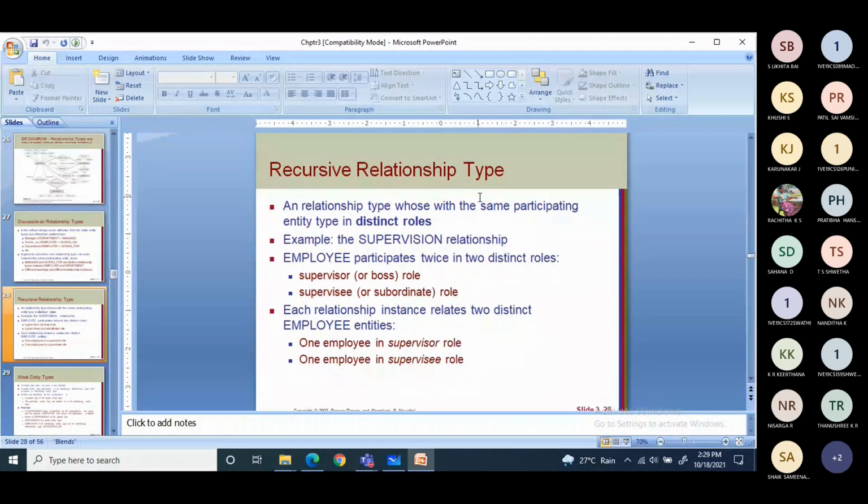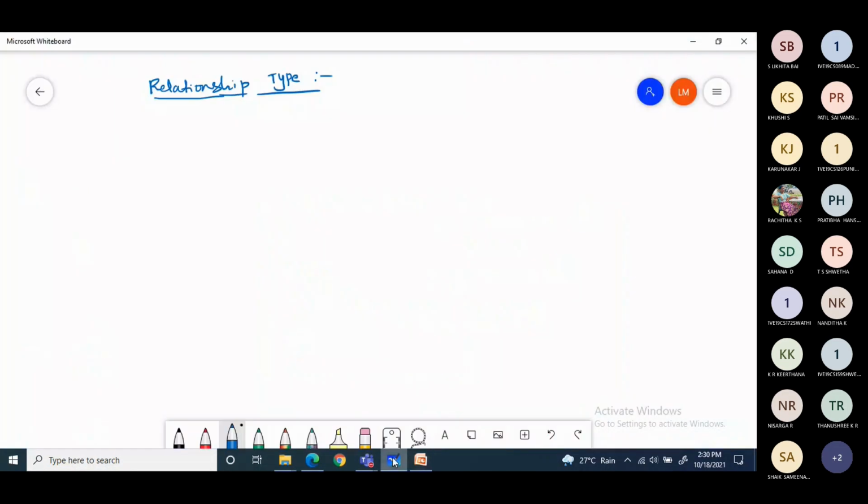So next one is recursive relationship type. For example, what do you mean by recursive? Recursive means repeatedly calling itself. See, we have an example like employee.